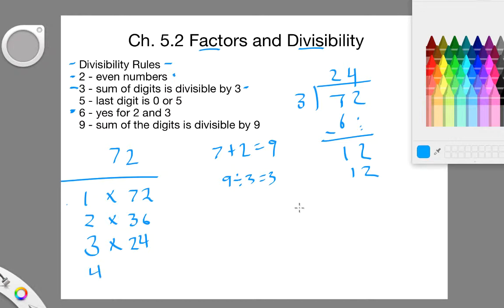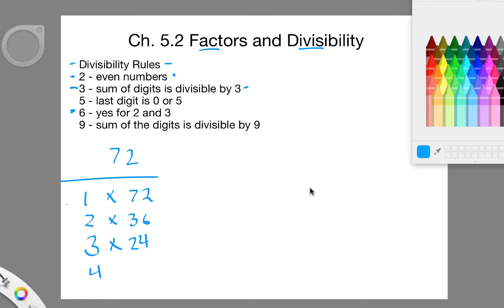Does 4 go into 72? 4 is not one of our rules, so we're just going to have to do long division to find out. We don't have a rule for number 4. So does 4 go into 72 evenly? 1 times 4 is 4, and that leaves 7 minus 4 is 3, 2, and 4 times 8 is 32.